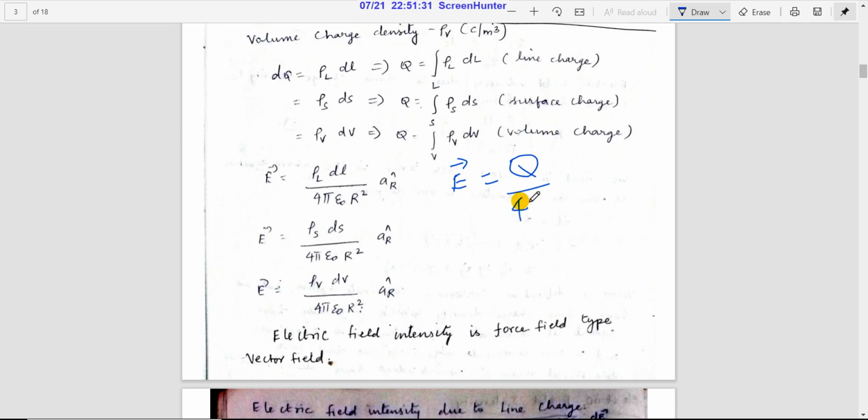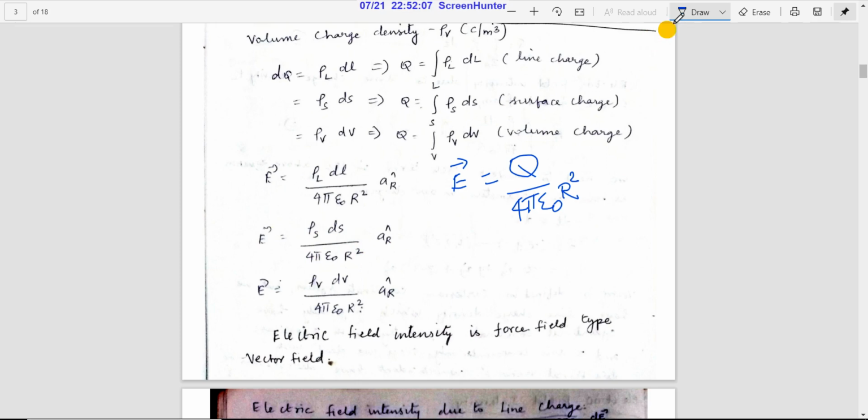As we know, the electric field intensity is E vector equal to Q divided by 4 pi epsilon naught r square. If I replace this Q by these values, whichever is applicable, we can define the electric field as rho L dl divided by 4 pi epsilon naught r square a r cap.